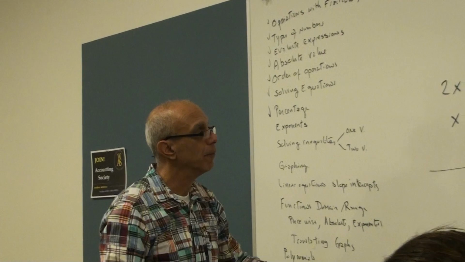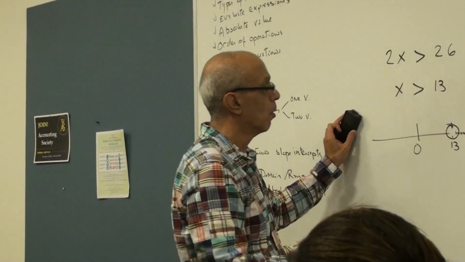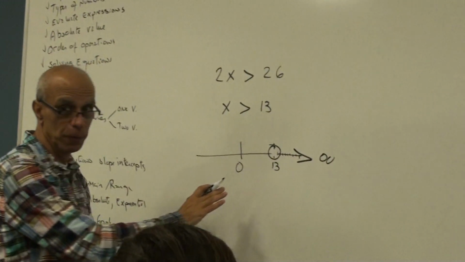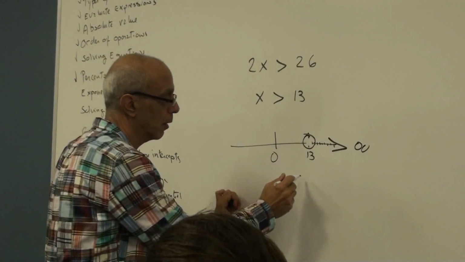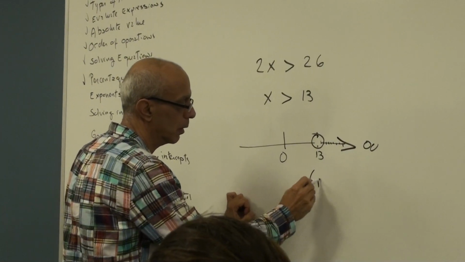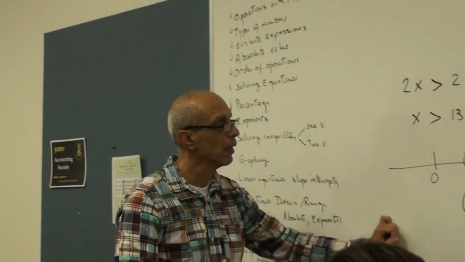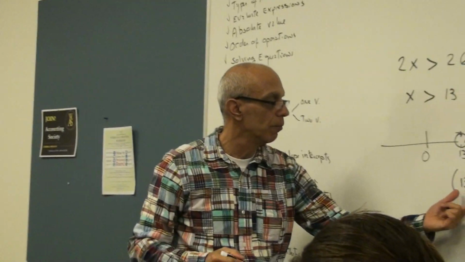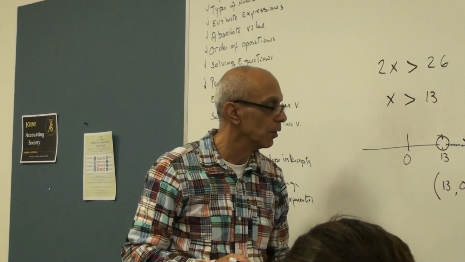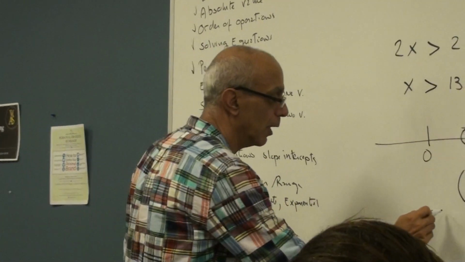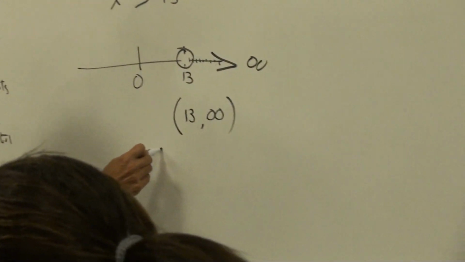Another way to represent this is by using parentheses, 13, and then infinity, okay? So the interval between 13 and infinity. Another way to represent, again, is using set notation.